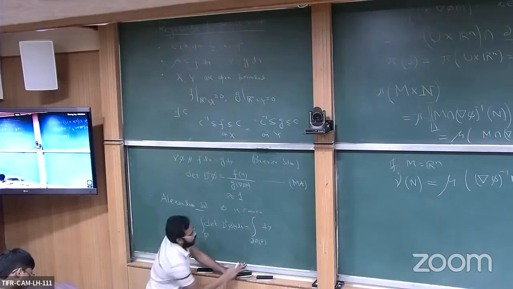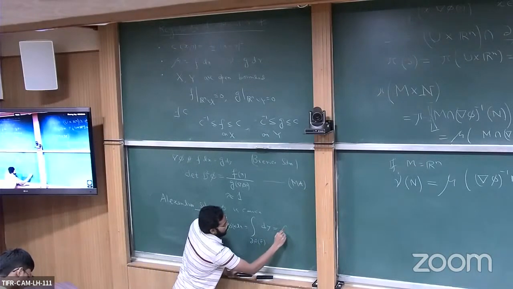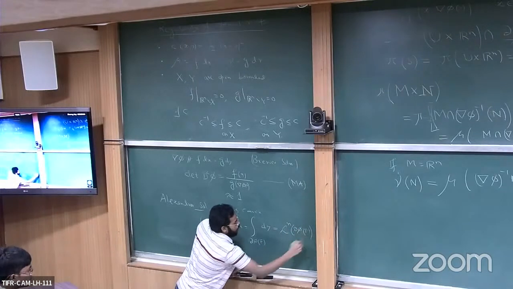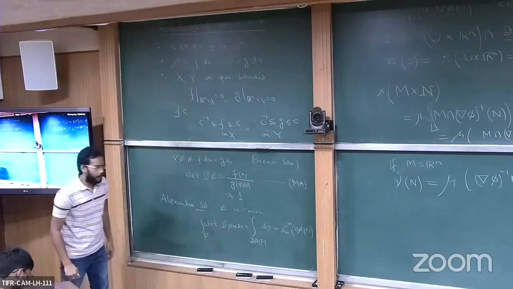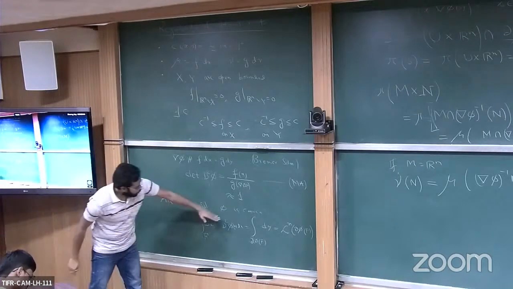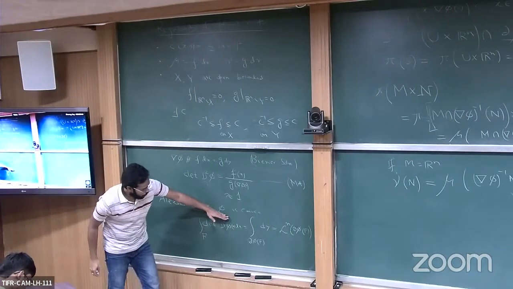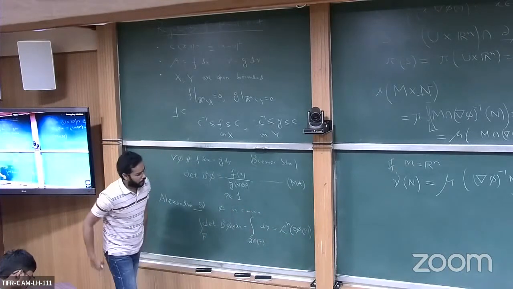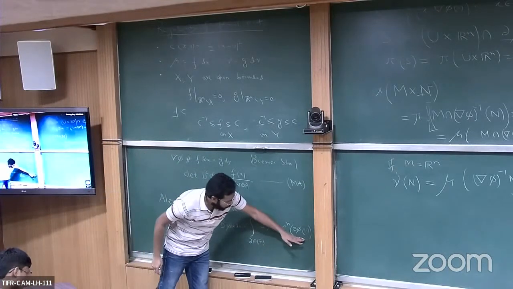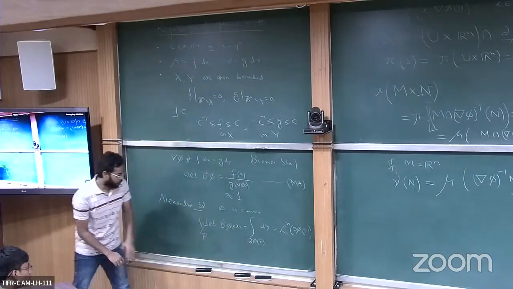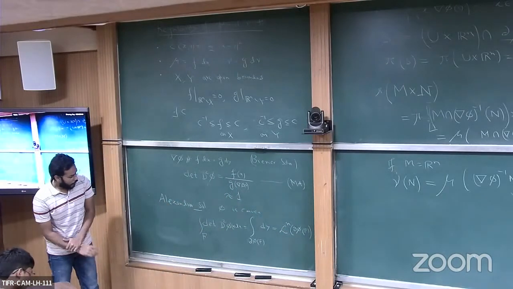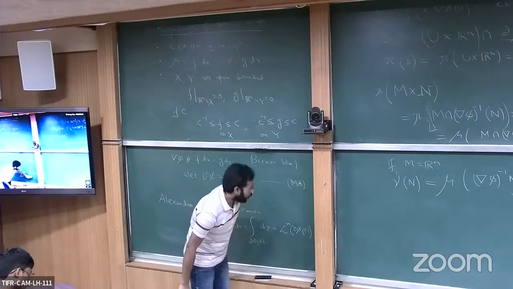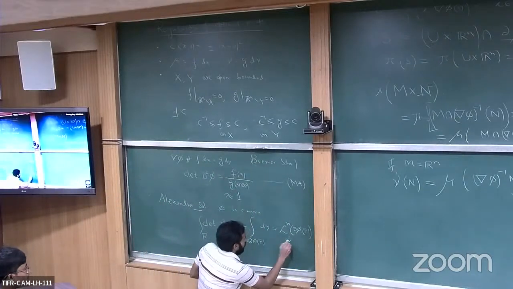Basically, this is the Lebesgue measure of the subdifferential of phi. So given a convex function, in the smooth case, the Lebesgue measure of the subdifferential of the set is given by this quantity, and we call this the Monge-Ampere measure.